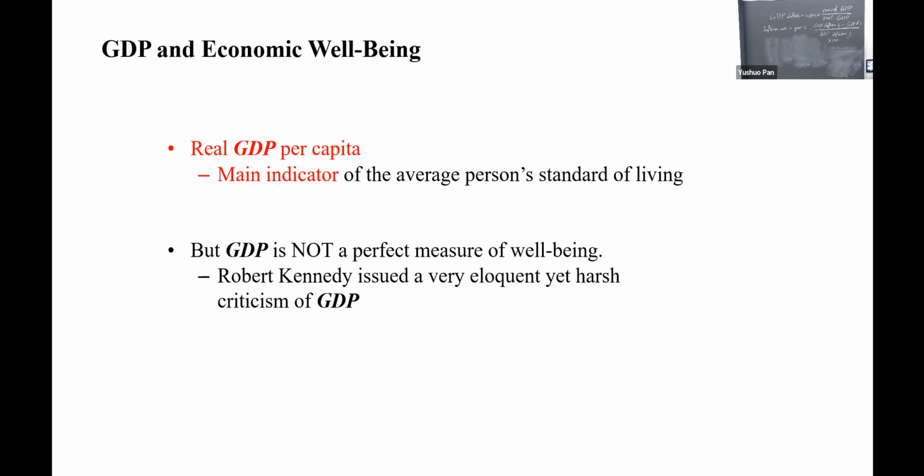For example, we cannot compare GDP in China with GDP in South Korea. The GDP in China is higher than in South Korea, but the standard of living in China is not better, just because the real GDP per capita in South Korea is higher than in China. So the real GDP per capita is the main indicator for a person's standard of living.